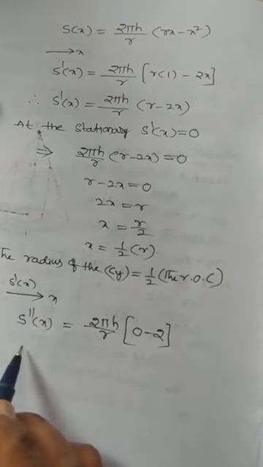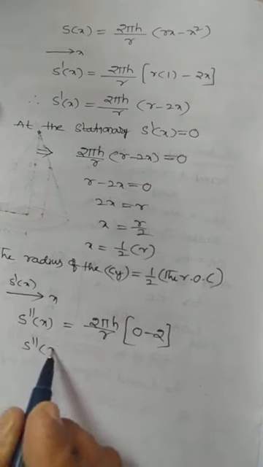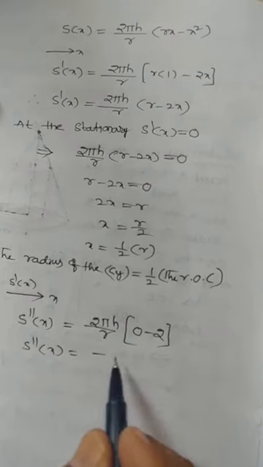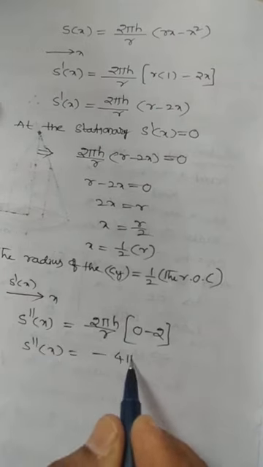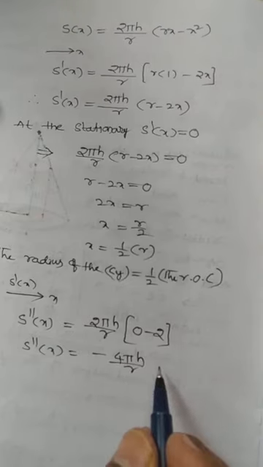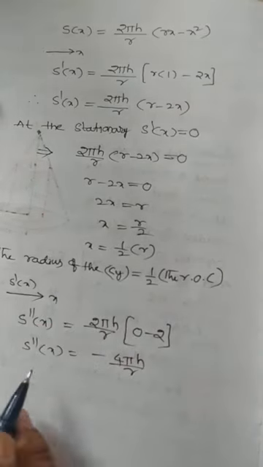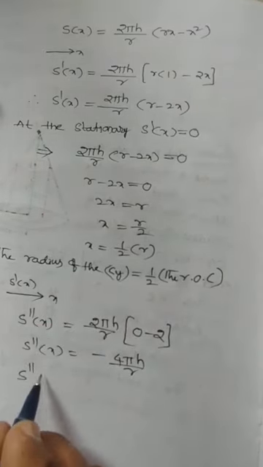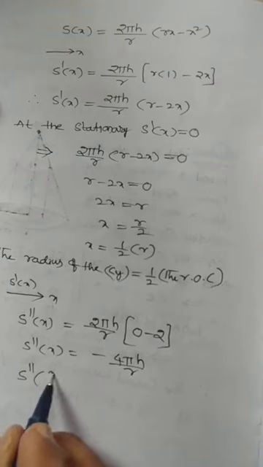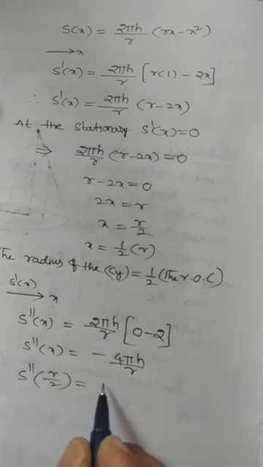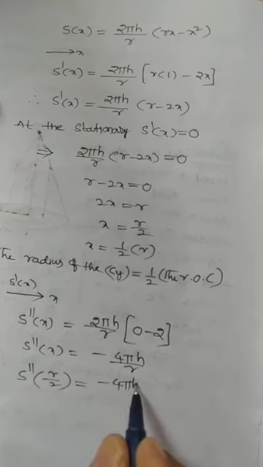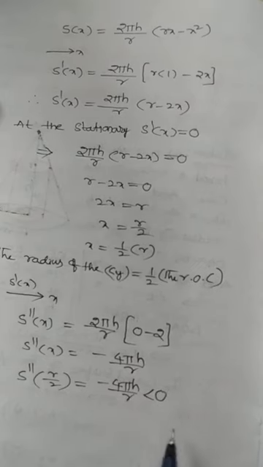So s double dash of x is equal to minus 4 pi h by r. It is obviously a negative value, but for our x value I am going to substitute, s double dash at x is equal to r by 2 level, minus 4 pi h by r. It is less than 0.